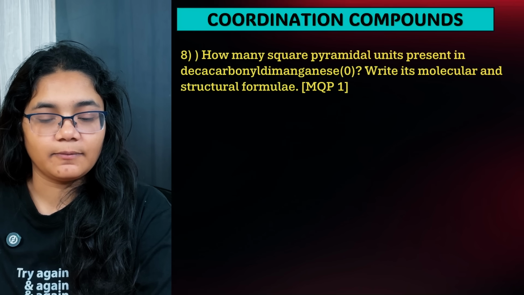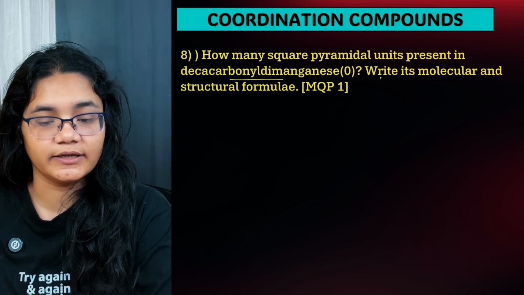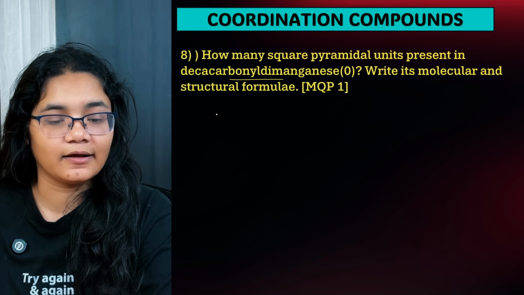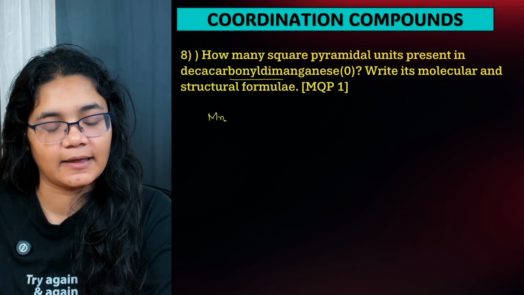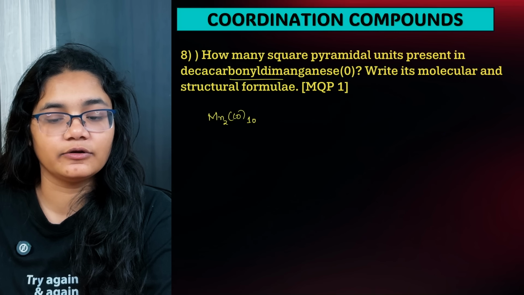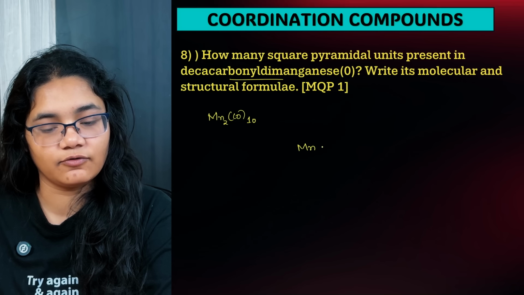Now next, how many square pyramidal units are present in decacarbonyl dimanganese? Write its molecular and structural formula. So you can see here I have decacarbonyl dimanganese. The formula here is Mn2(CO)10. So this is the molecular formula and the structural formula is like this.